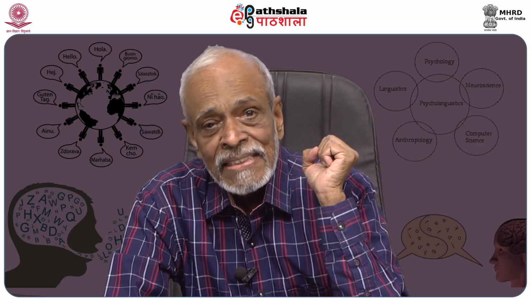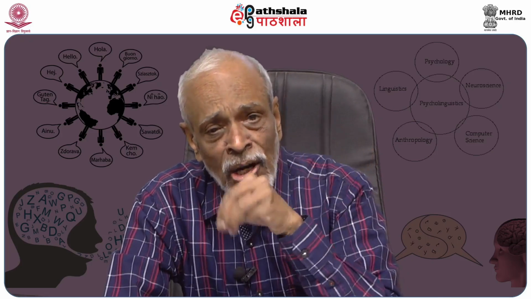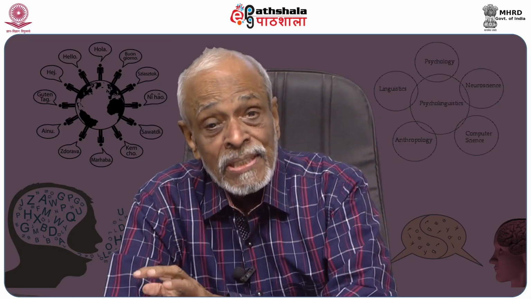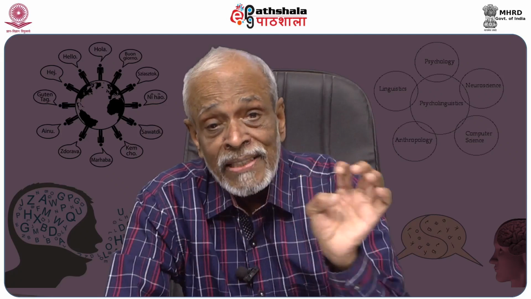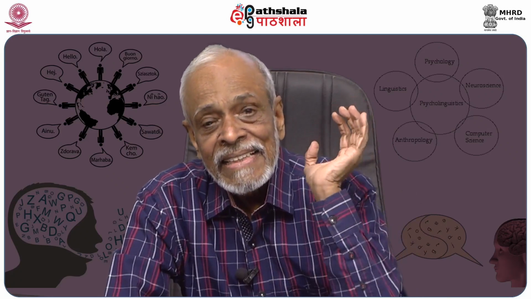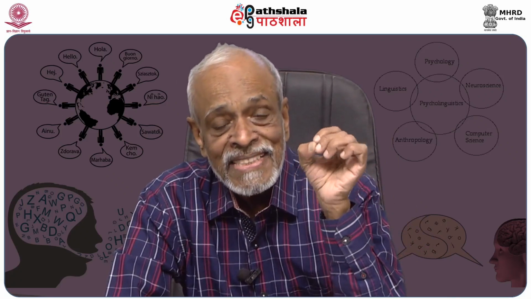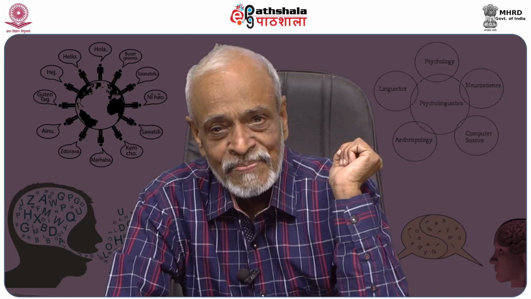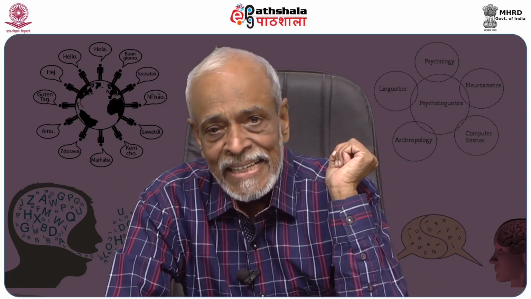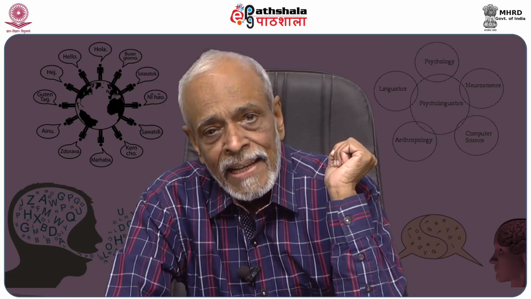And if the plus WH feature of C is not deleted, that is, if the WH phrase does not raise to spec CP, then the derivation crashes because the plus WH feature of C will not be deleted. Now, that is okay for English. What do we say about Chinese, Japanese, and Indian languages?